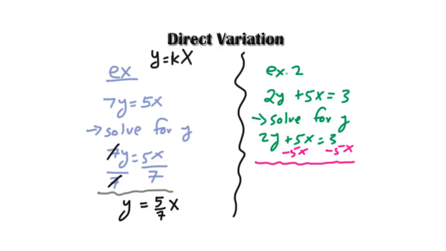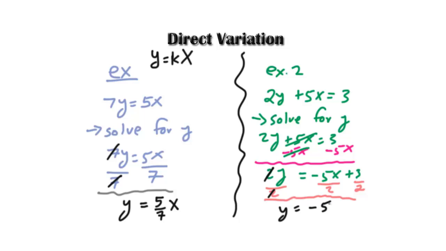So you're left with 2y, and this one and this one cancel, and this is just negative 5x plus 3. The next step is to divide this by 2, divide this by 2, and divide this by 2, and that reduces to just y equals negative 5 over 2x, you can write it like that, plus 3/2.